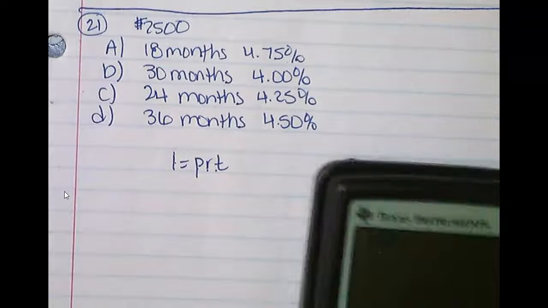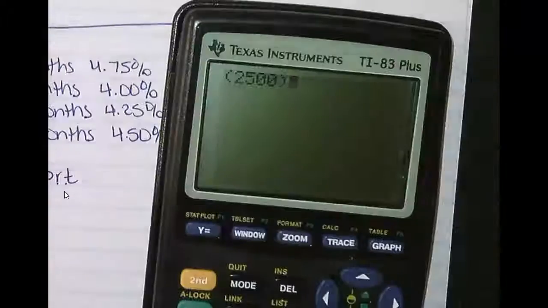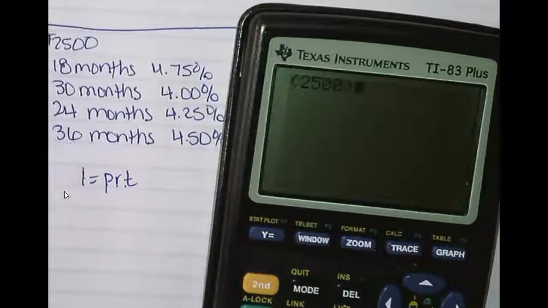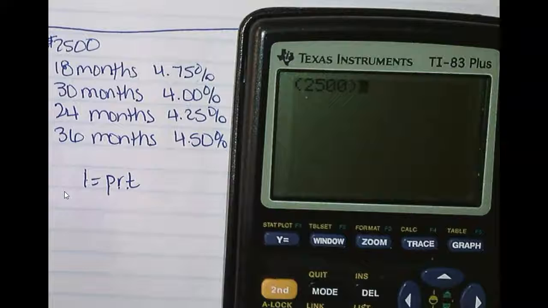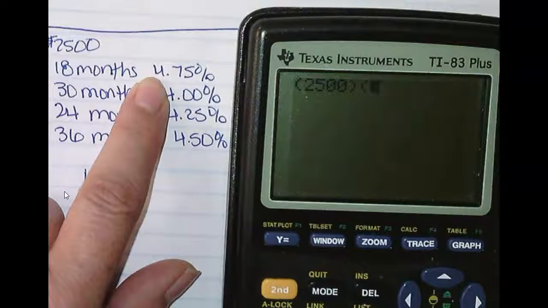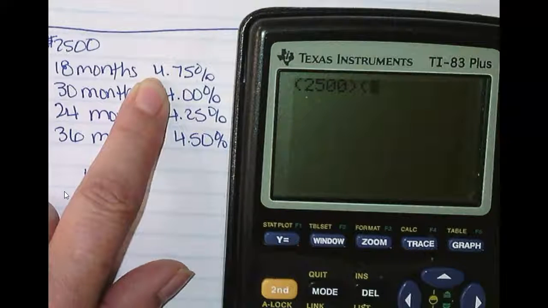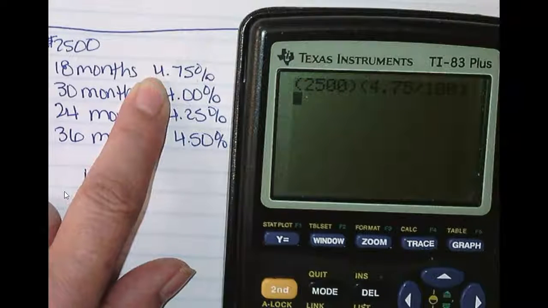So I'm going to do parenthesis 2,500. I don't know if that's on the screen or not. I'm going to scoot this over. It's about the best I can do. 2,500. And the interest rate, now you can move the decimal twice and write it 0.0475. Or you can do 4.75 divided by 100. Whatever you feel comfortable.